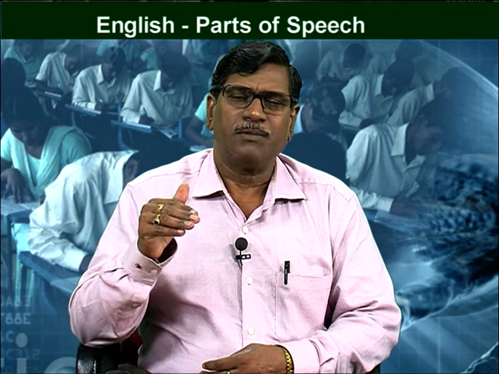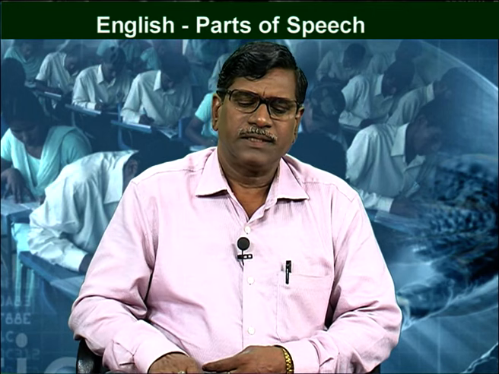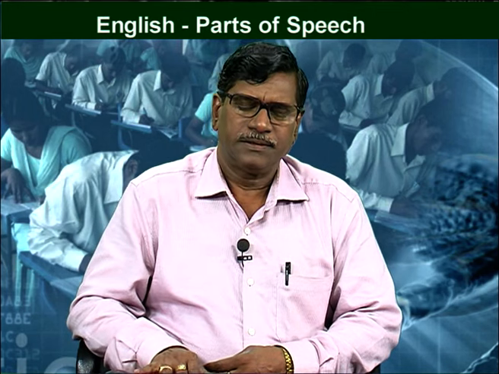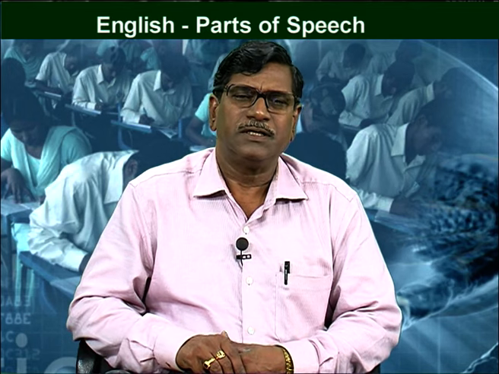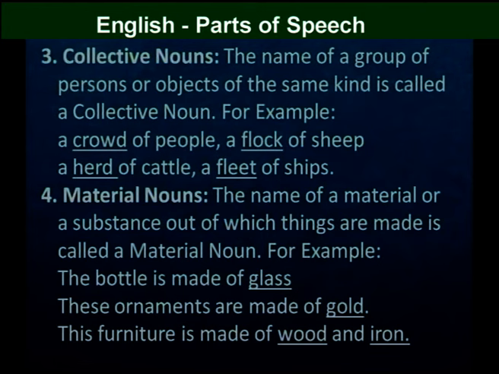is called a common noun. And then the third variety is collective nouns. The name of a group of persons or objects of the same kind is called a collective noun. For instance, a crowd of people. The underlined word crowd is a collective noun.